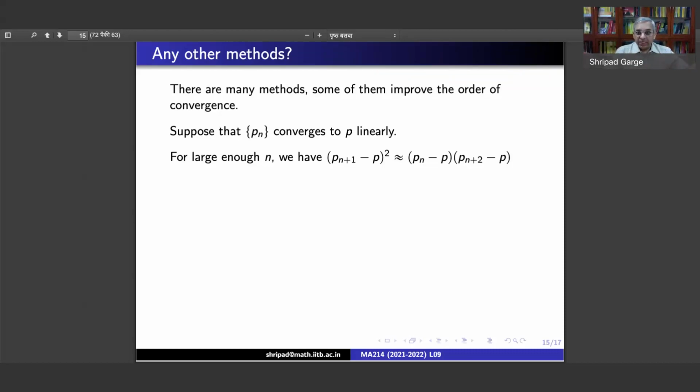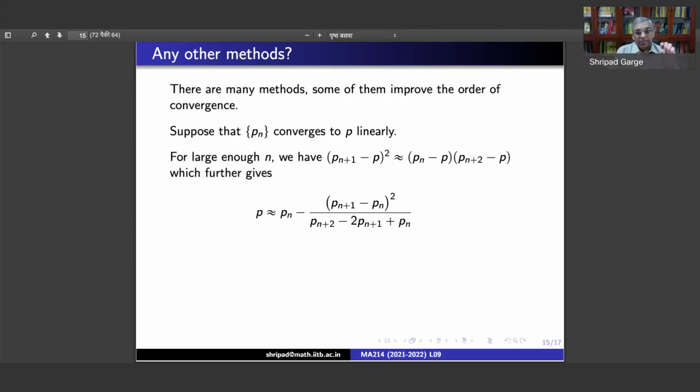Then you can expand this out nicely: apply the binomial theorem to the left side, take the product on the right hand side and do some simplifications, which will give you that P is approximately Pn minus (Pn plus 1 minus Pn) whole square upon (Pn plus 2 minus 2 Pn plus 1 plus Pn).